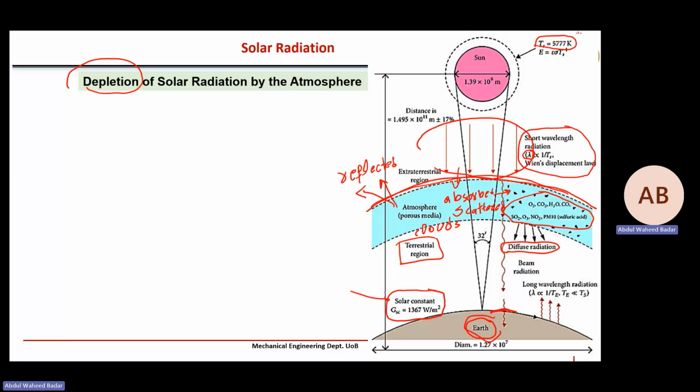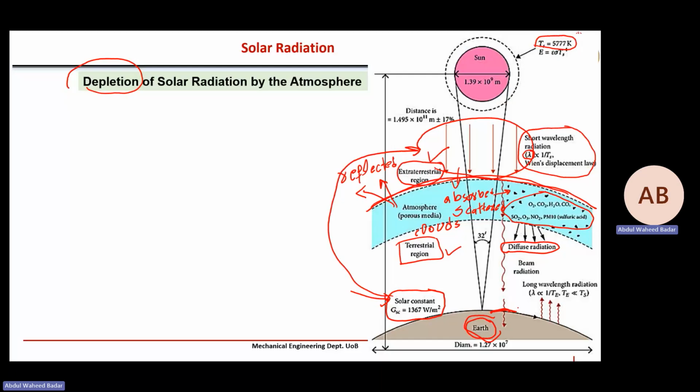And that radiation which we said is the maximum one here is called extraterrestrial radiation or extraterrestrial region, where the effect of atmosphere is negligible. And this is the terrestrial region where this solar radiation gets absorbed, scattered, and reflected.